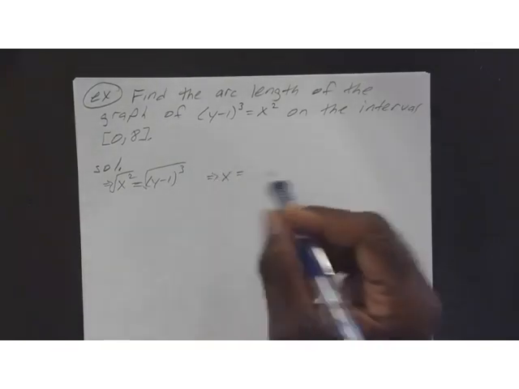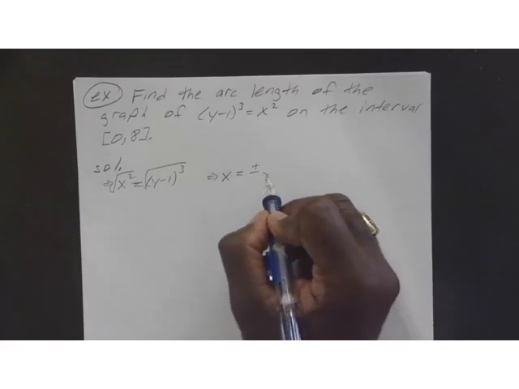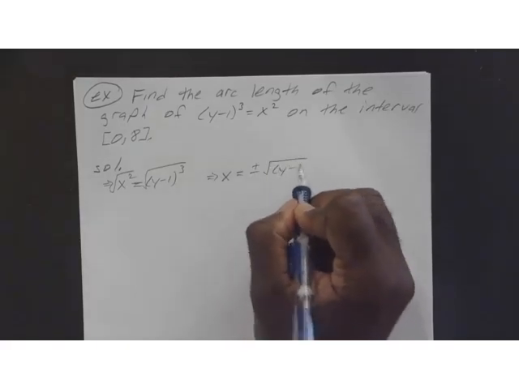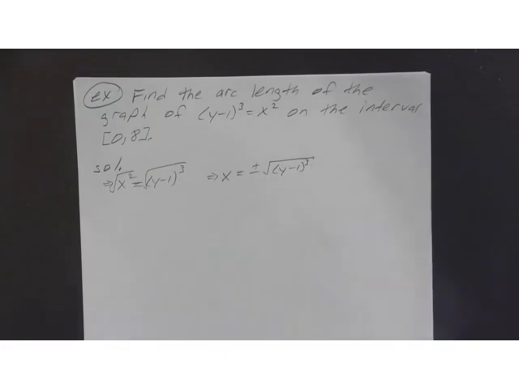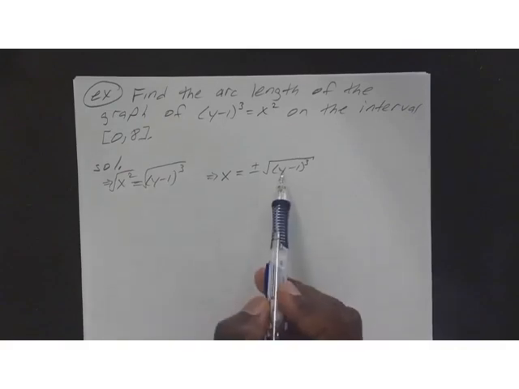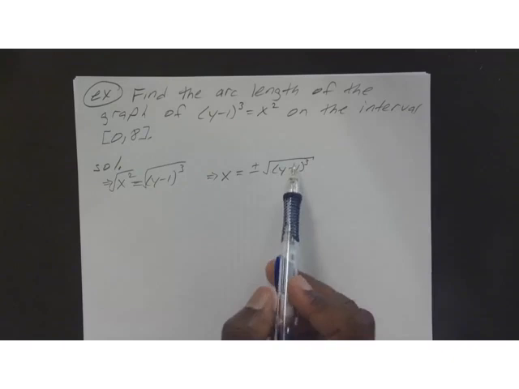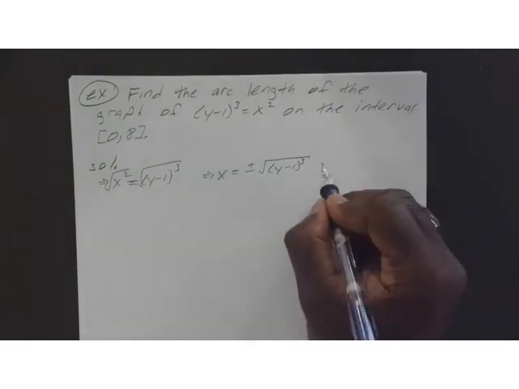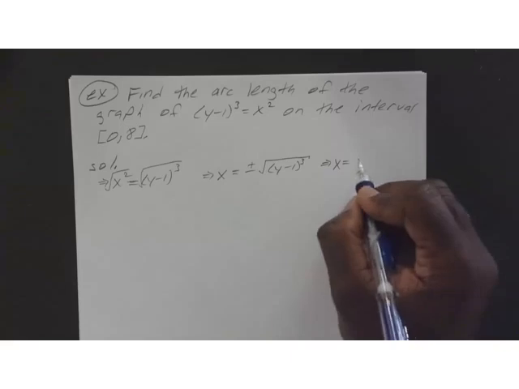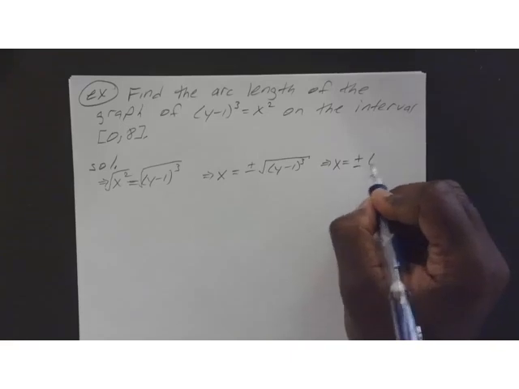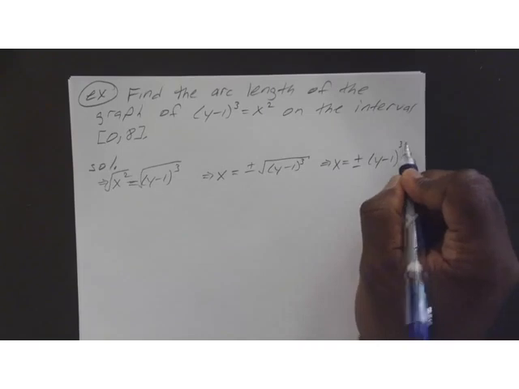It gives us x is equal to plus or minus the square root of y minus 1 to the third power. But we could also convert this a little bit more because we can rewrite this as y minus 1 to the third power and raise that to the 1/2 power to get rid of the square root. So we can always just say x is equal to plus or minus y minus 1 to the 3/2 power.